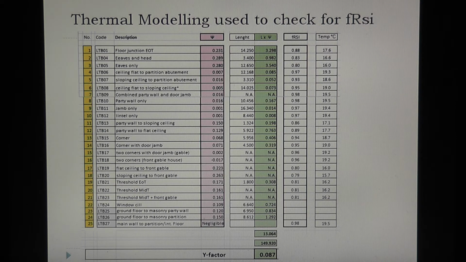25 linear thermal bridge models, 3 of them in 3 dimensions, which is beyond the scope of the PG Cert course in digital analysis and energy retrofit.